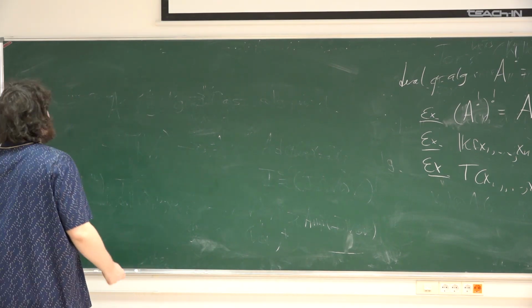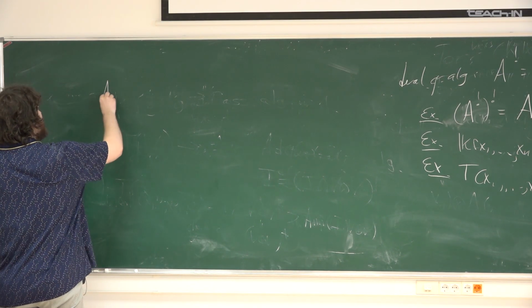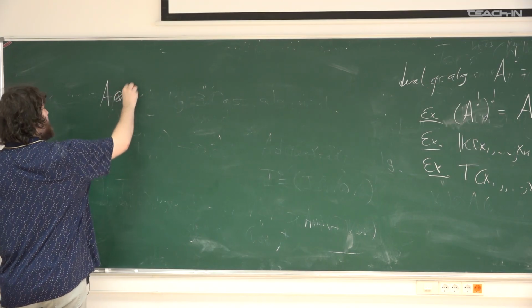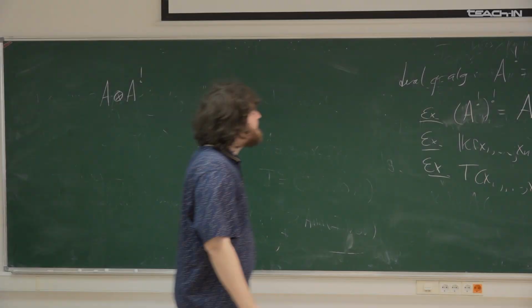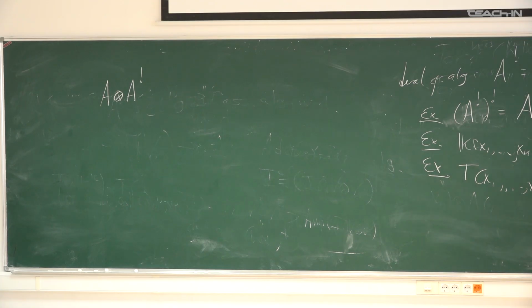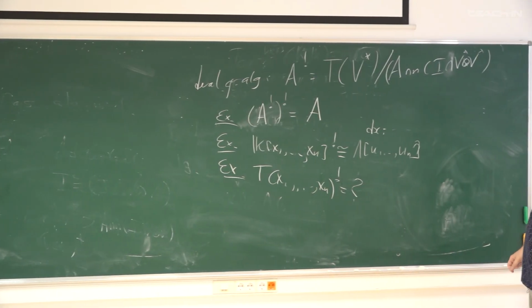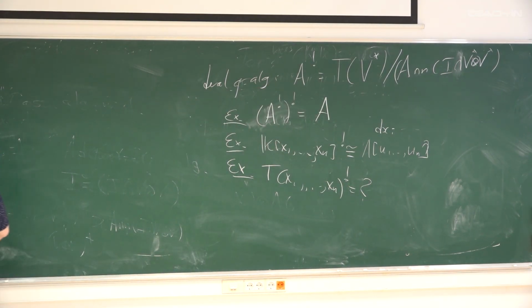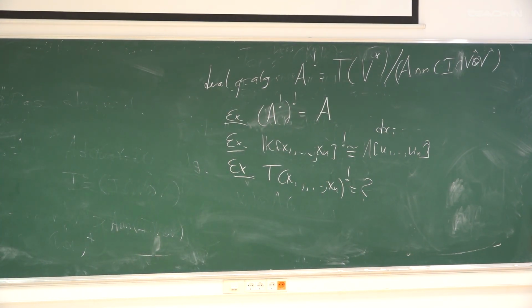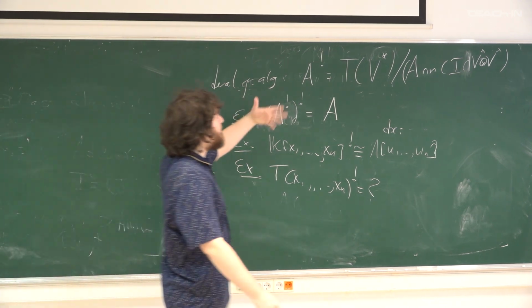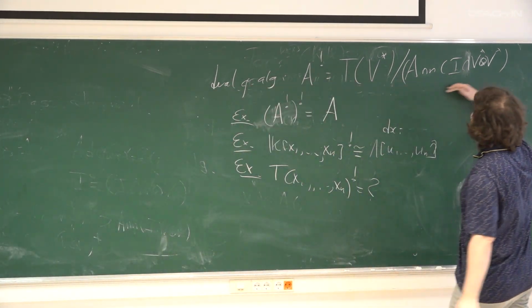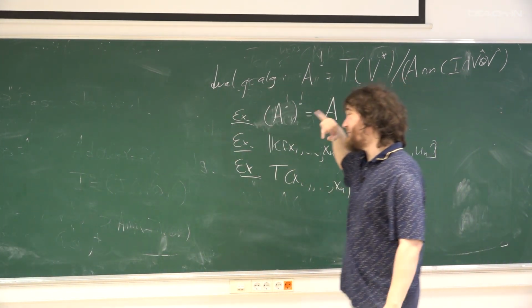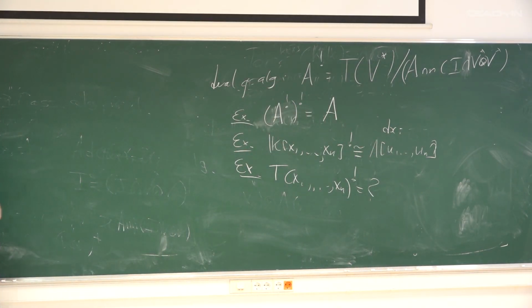It's just that if I have an algebra and a dual algebra, in fact you have a duality between them, because it's the tensor algebra generated by the dual space modulo the annihilator of your relation.